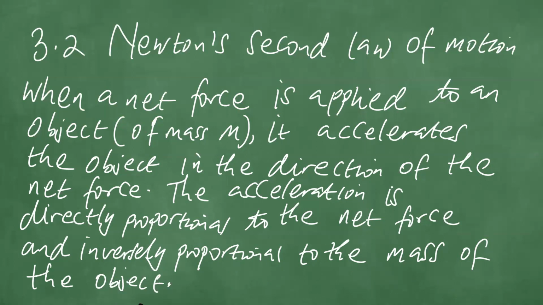Right, Newton's second law of motion is very straightforward and states that when a net force is applied to an object of mass m, it accelerates the object in the direction of the net force. The acceleration is directly proportional to the net force and inversely proportional to the mass of the object.